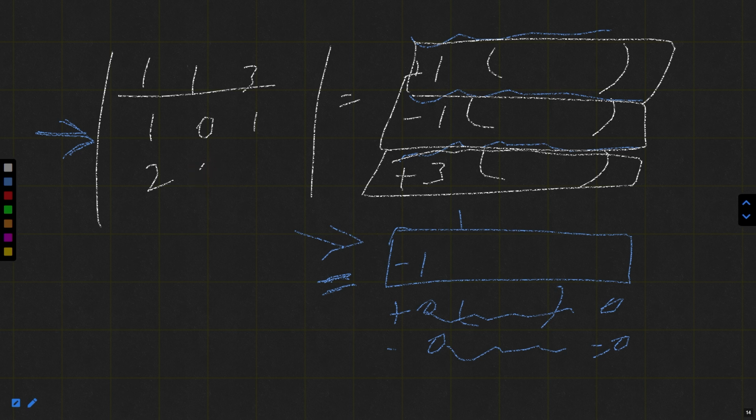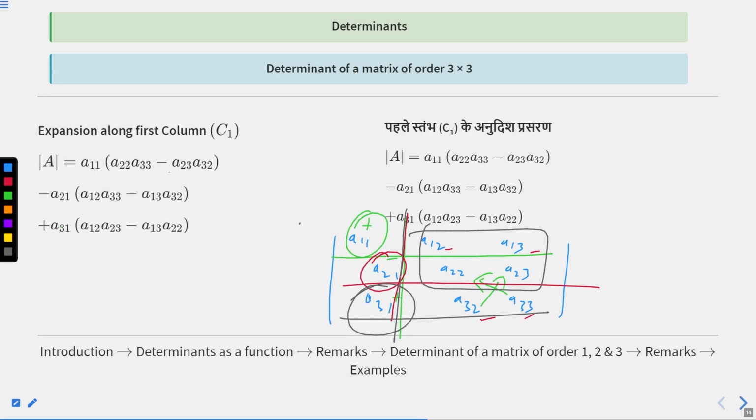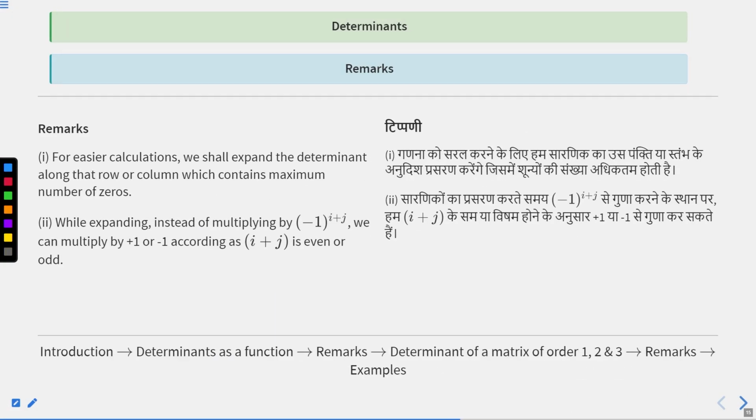Then you just have to evaluate for the other entries, and the other things will be eliminated directly. I hope that is clear. You saw it along the first column, and the same thing will happen along the second and third column.